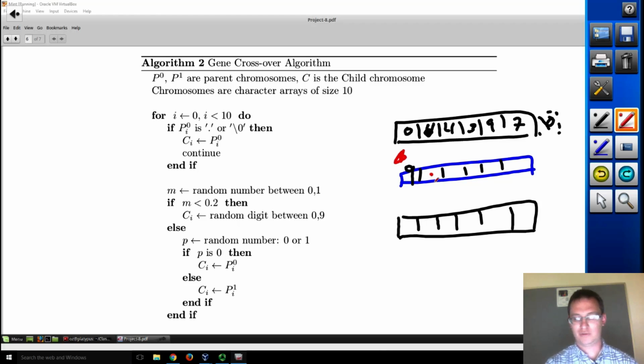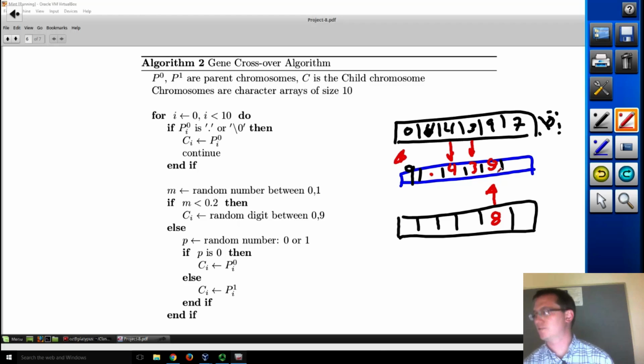So we do a coin flip and we get a 0, which means we take the 4 from up here and put it in here. On the next one, maybe we also get a 0 coin flip. Then on the next one, we get a 1 coin flip, and this parent has an 8, so we put the 8 in here. And so we're generating this child based off of the parents. Does that make sense?